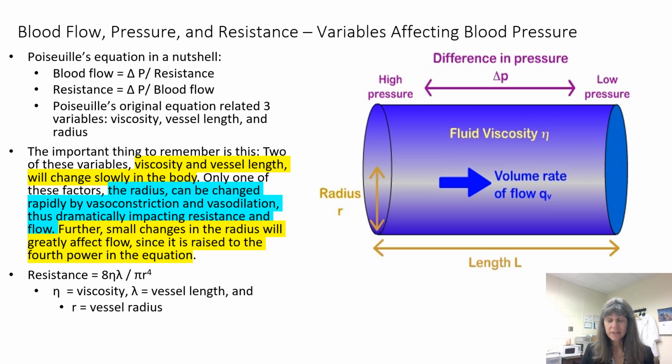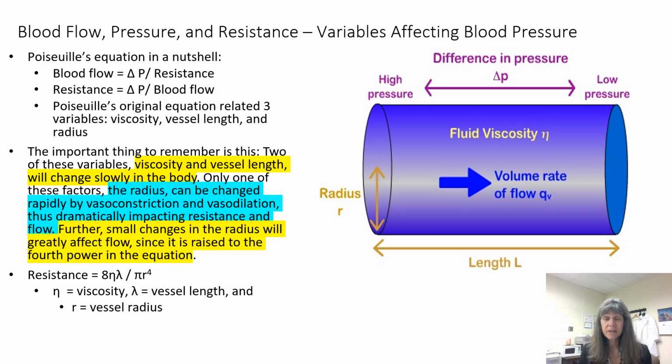So two important things to know about the equation is that in terms of viscosity or thickness of blood, the thicker the blood is, the greater the resistance to the flow of the blood through a blood vessel. The longer the length of the vessel, the greater the resistance to blood flow. And those two things, viscosity and the length of the vessel, change slowly in the body.